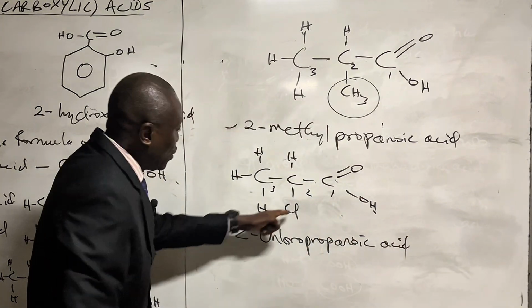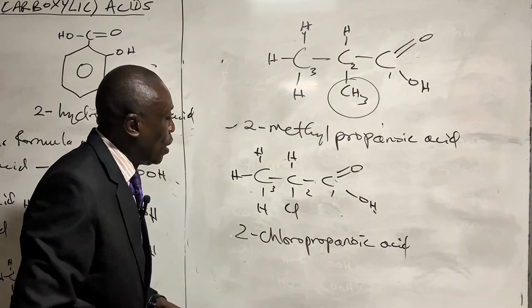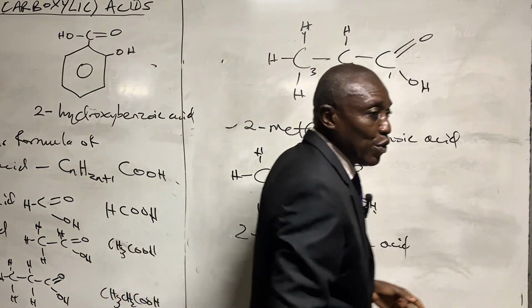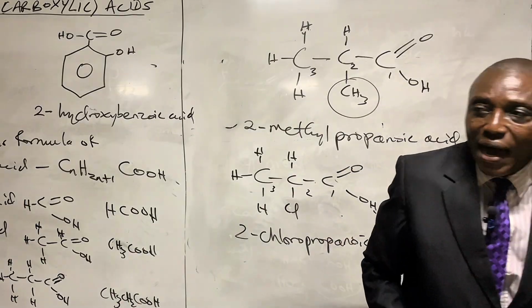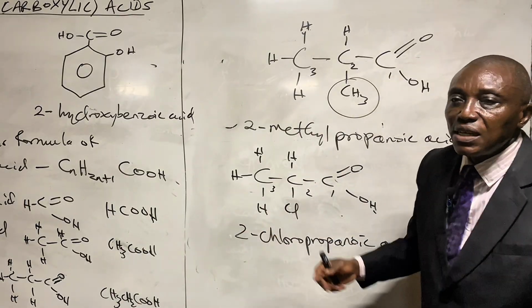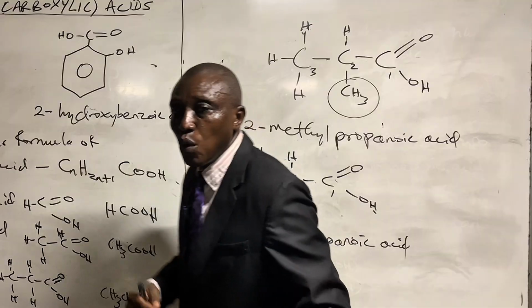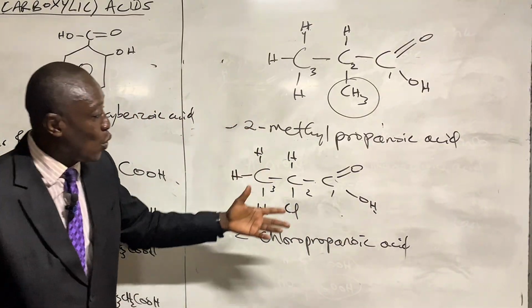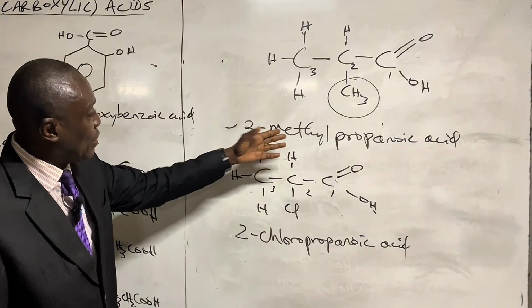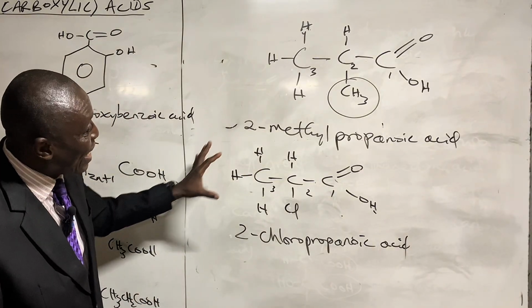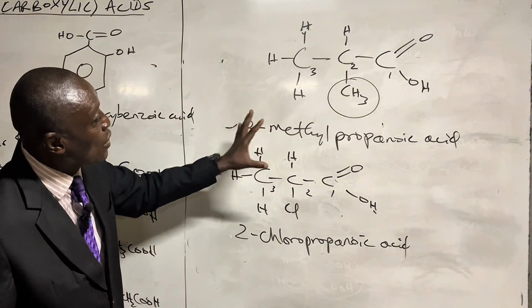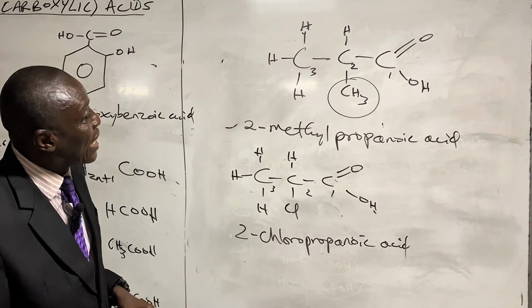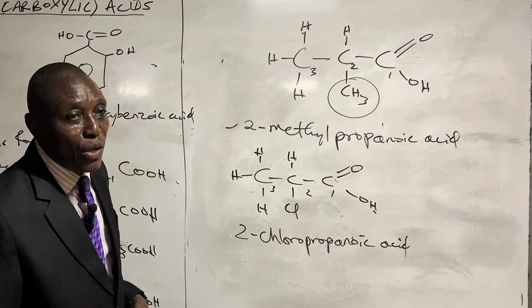And if it's on position 3, it will be 3-chloropropanoic acid, like that. If you watch my previous videos where I mentioned how these substituents are named: chlorine is chloro, bromine is bromo, iodine is iodo, fluorine is fluoro. And if it's methyl, we name it like this. So those are the cases where you have a substituent on your aliphatic alkanoic acid, I mean straight chain alkanoic acid.